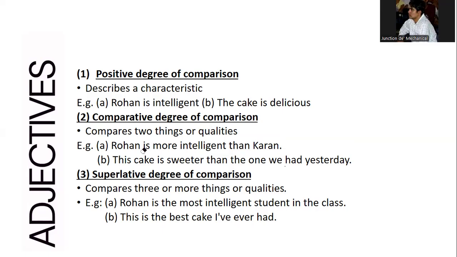The cake is sweeter than the one we had yesterday. So if you see here, we were just describing how the cake was. The cake is delicious. But here we are comparing the cake which we are having right now and the one which we had yesterday. So the cake is sweeter than the one we had yesterday.